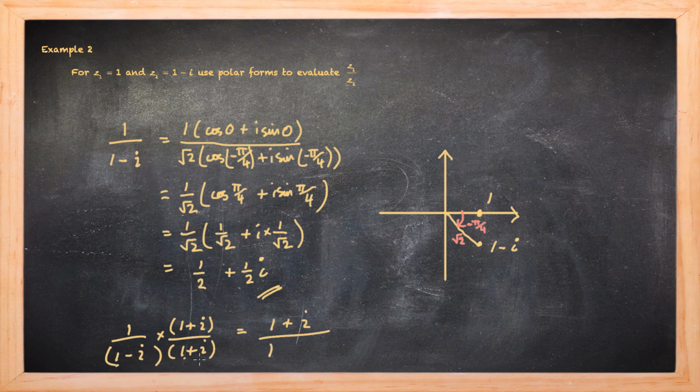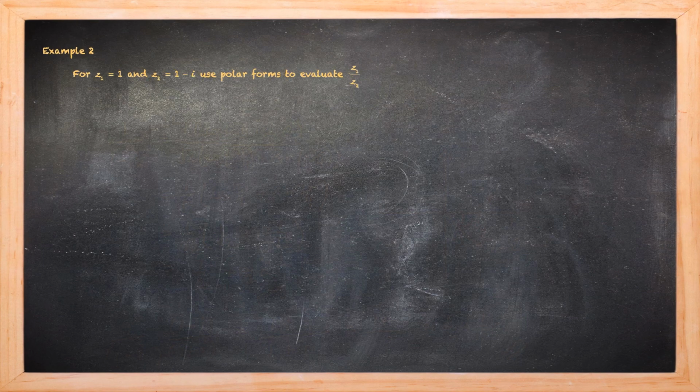Insides and outsides cancel, and our lasts give us negative i squared, which is plus 1. So we get 1 plus i over 2. And splitting that into its two constituent parts, we get 1/2 plus 1/2 i as we had before. And it's nice to see that tying up with what we got using polar form.